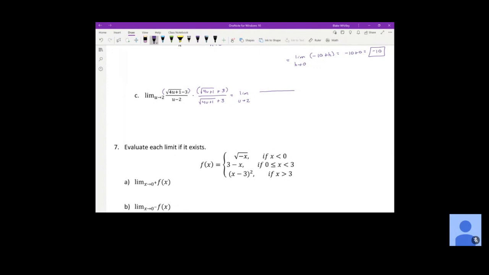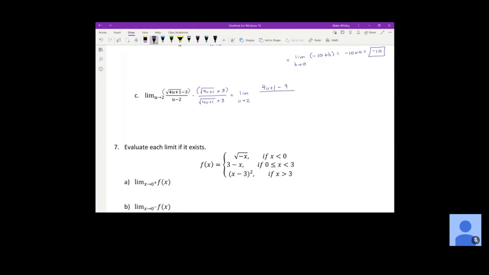Yep. All right, so now if we multiply the numerators here, what's that going to give us then? Good, right? So the square roots here cancel and leave us with 4u plus 1. The last terms, -3 and +3, is going to be a -9.